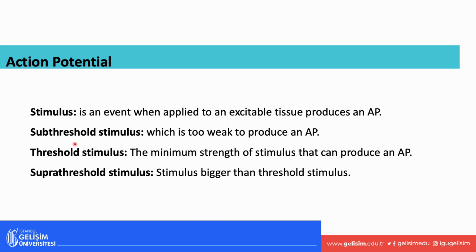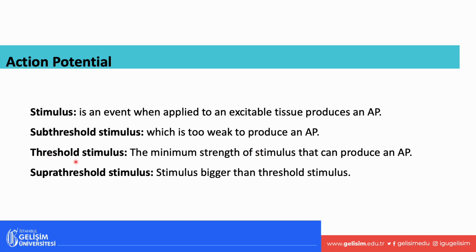What's a sub-threshold stimulus? Sub means under, below, right? So it's some event that's too weak to produce an action potential. Okay, some event that's applied to tissue that's too weak to produce an action potential.